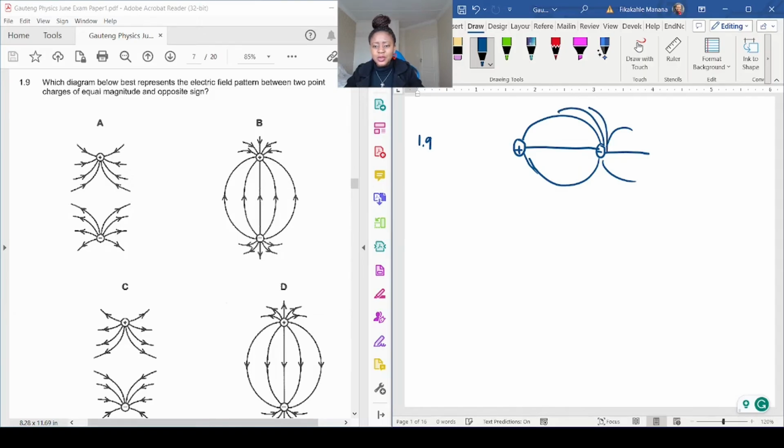So they actually do that. And then we have this on the other side. Now, the field lines, for the negative, go inwards. But for the positive, they go outside.